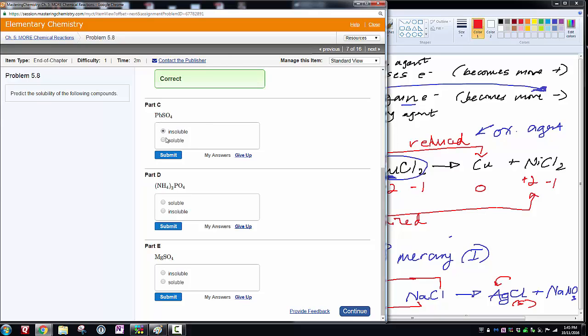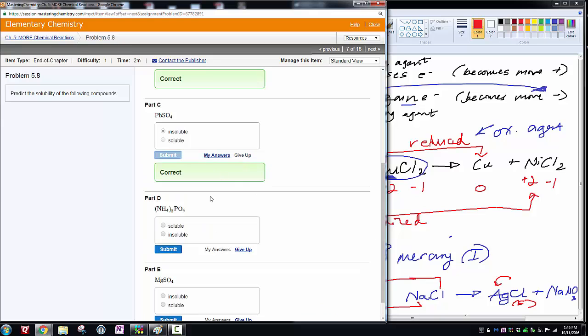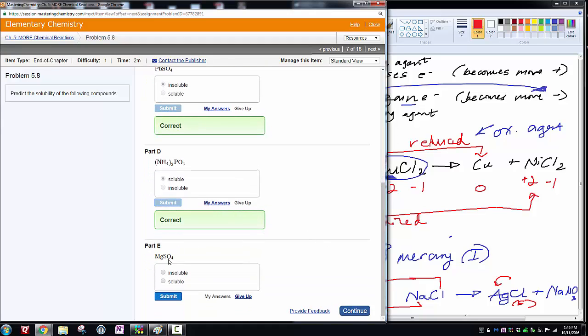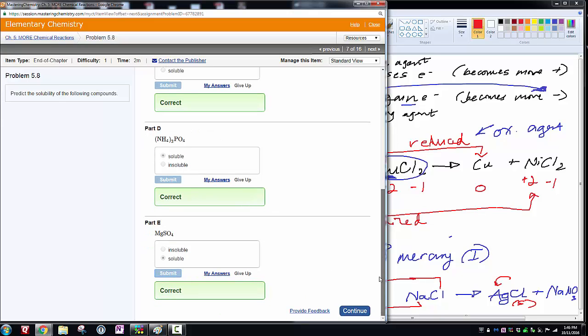That's lead, so that would not be soluble. Ammonium phosphate. Rule 1 says ammonium is always soluble. So ammonium with anything else, including in this case phosphate, we're going to say soluble. And magnesium sulfate, our rule says sulfates are always soluble unless barium, mercury, or lead. Since that is not barium or mercury or lead, we're going to assume that will be a soluble compound, right?